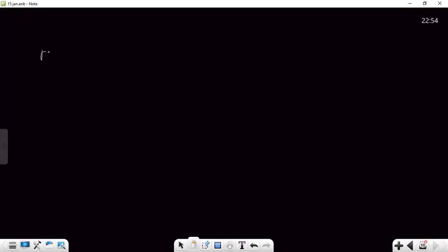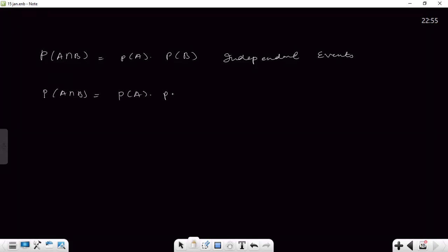So in independent events, probability of A intersection B was probability of A into probability of B. That was the case of independent events. But if event B is dependent on A, and A is dependent on B, let's say the probability of event A has happened. Now, for dependent events, the equation is going to become the probability of B when A has taken place. This is the case of dependent events.